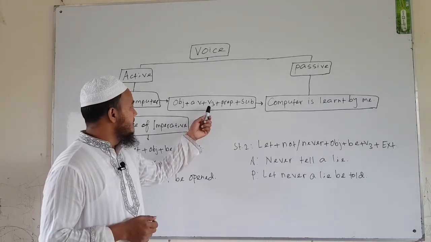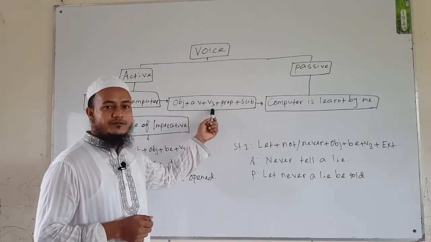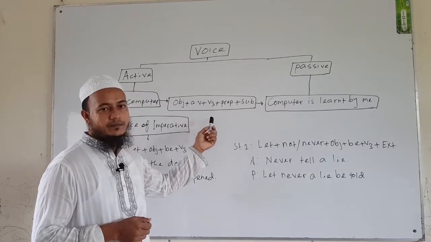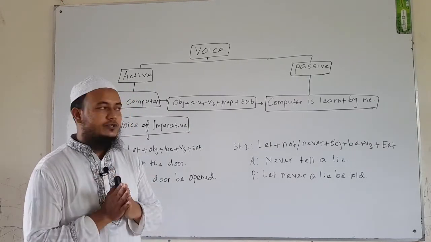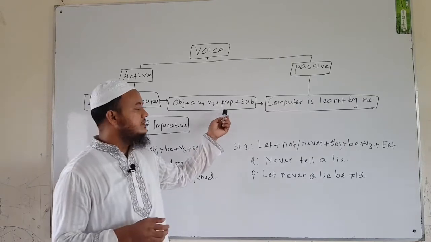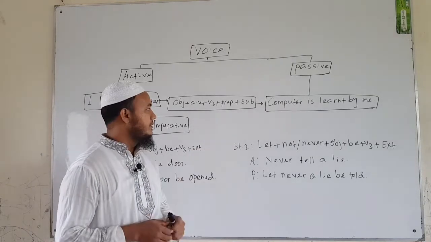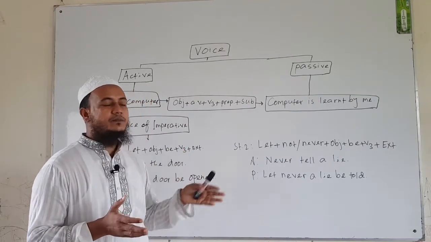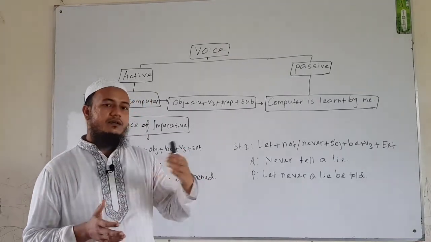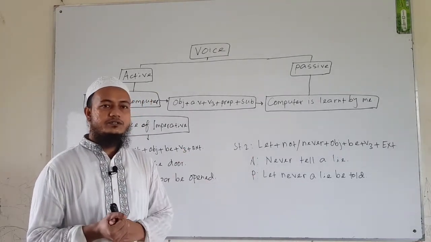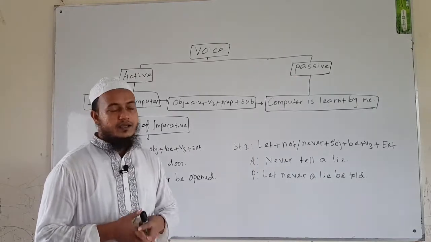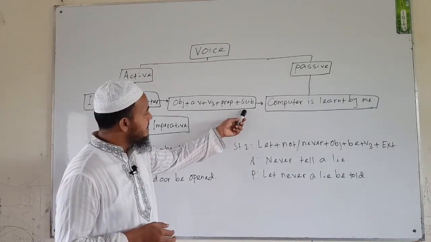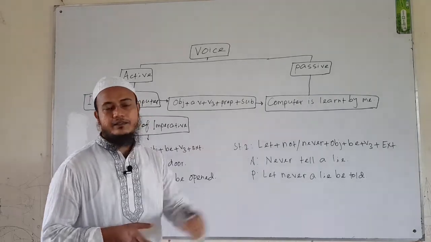And then the past participle form or B3 of the main verb, okay. And depending on the situation or meaning, you will have to use a preposition, okay. Normally we use by for changing active voice to passive, but you can use different prepositions depending on the meaning, all right. And then finally you have to take the active voice subject as the object of the passive voice, okay.